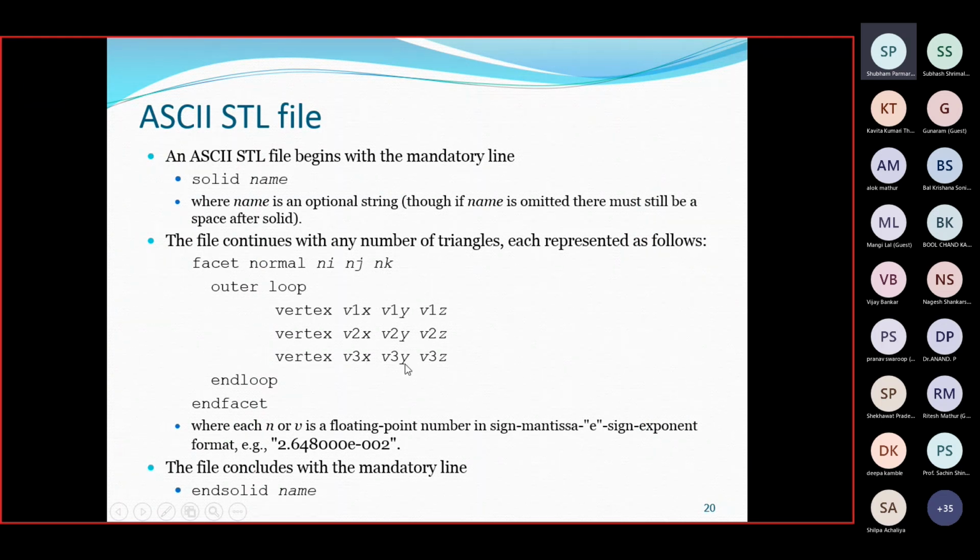You can change only these 12 values. You should not change any of the keywords. Then end loop, then end facet. Like that, you have drawn one single triangle in your ASCII file.